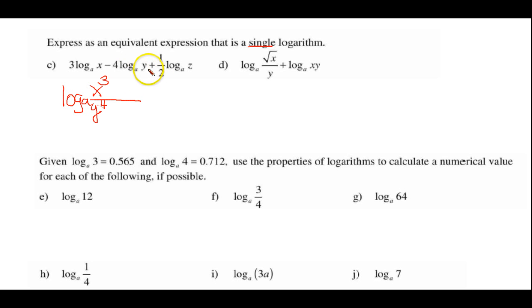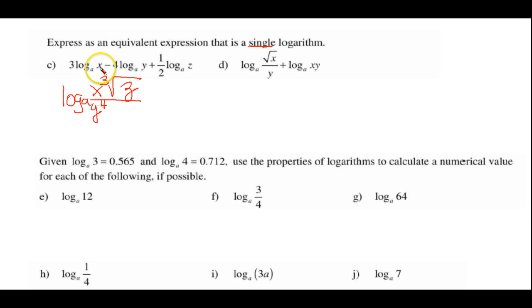Okay, so we now have this, which is log of a, which we have already. It's a plus, so this is going to go up into the numerator. Now it's to the 1/2 power, so that's going to be radical z. So it's a little confusing. Again, log base a.